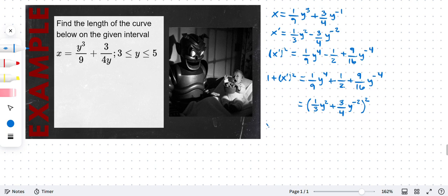And then when we take the square root of the stuff, we're going to get the 1/3 y squared plus 3/4 y to the negative second. And that's where we would take our integral.